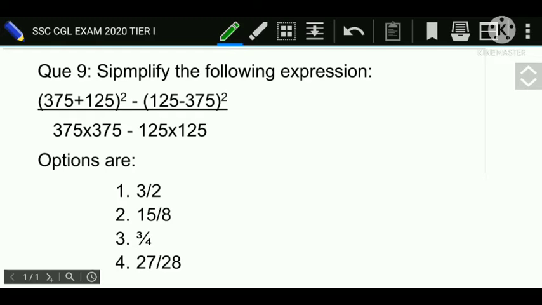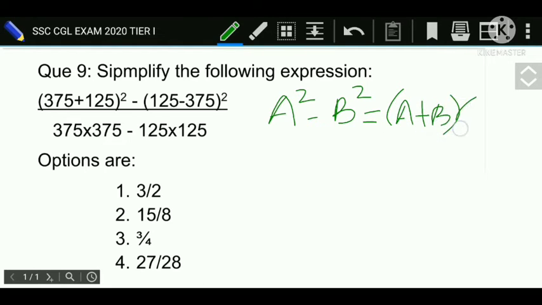So here we can clearly see the formula of a square minus b square, which equals a plus b into a minus b. This formula we know, and it is clearly available here.